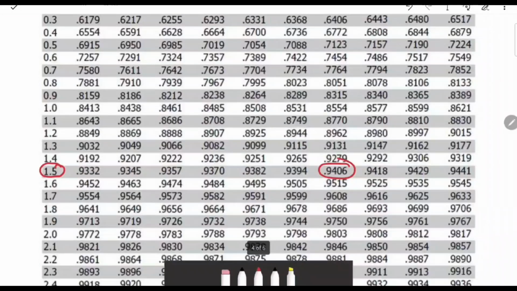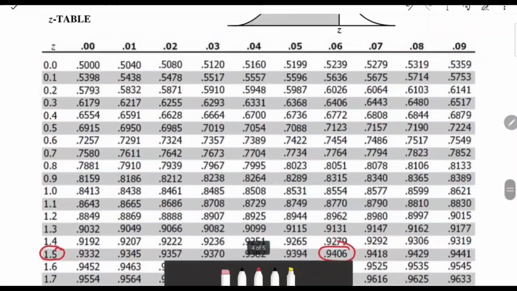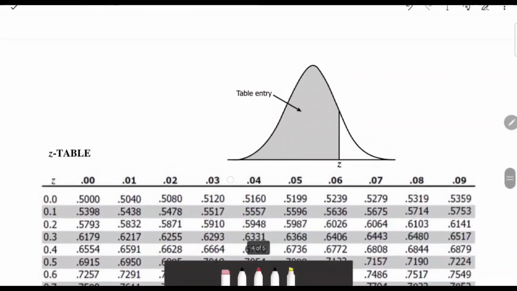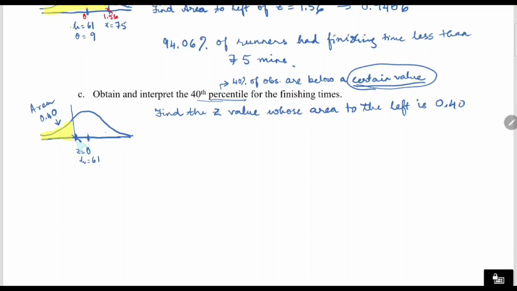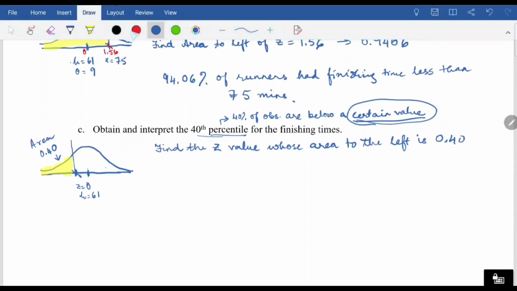Let's pull up our table, but this time we are first going to look at the values in the body of the table and look for 0.40. Now, because the area is to the left, this is what we are looking for.